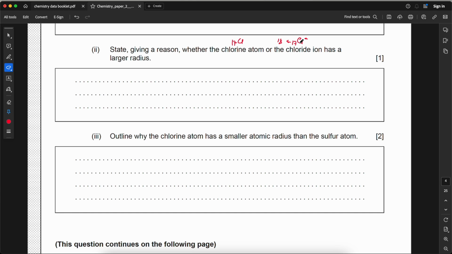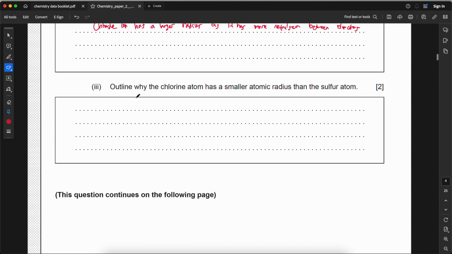So chloride ion has one extra electron, which makes the chloride ion have a larger radius as it has more repulsion between electrons, because it has one extra electron for the chloride ion.